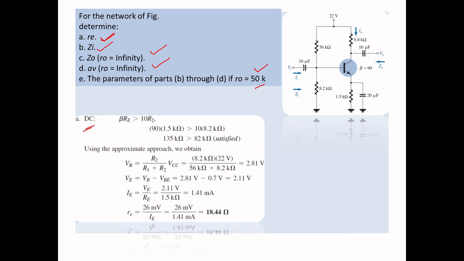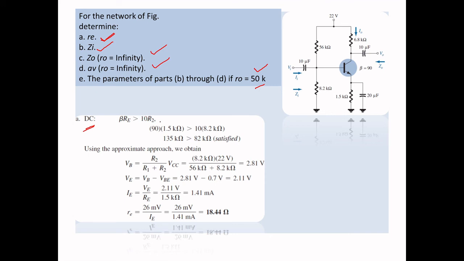First, check whether we can proceed with the approximation analysis or not. In order to proceed, first you want to check that beta RE is greater than 10 times R2. If it is greater, you can proceed with the approximation model. If not satisfied, you should not proceed with the approximation model. That is one rule you have to follow.